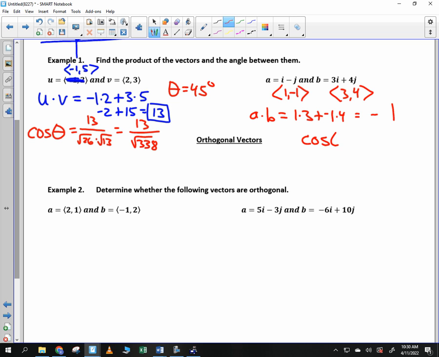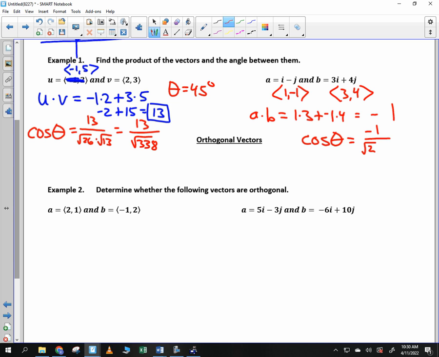All right, so then we set up for the angle. Cosine of theta is equal to what goes on the top? -1, the dot product, divided by the magnitude of A times the magnitude of B. What is the magnitude of A? The square root of 2. And then what's the magnitude of B?